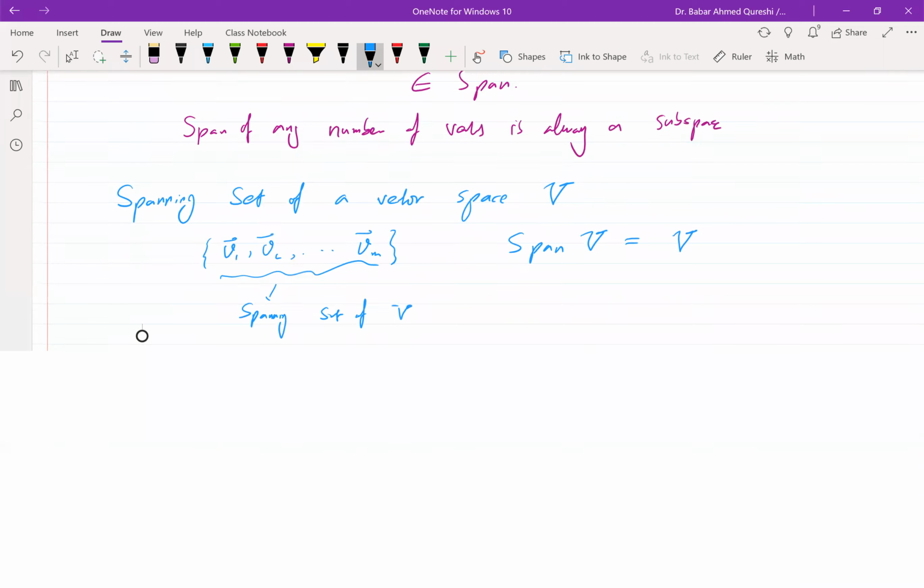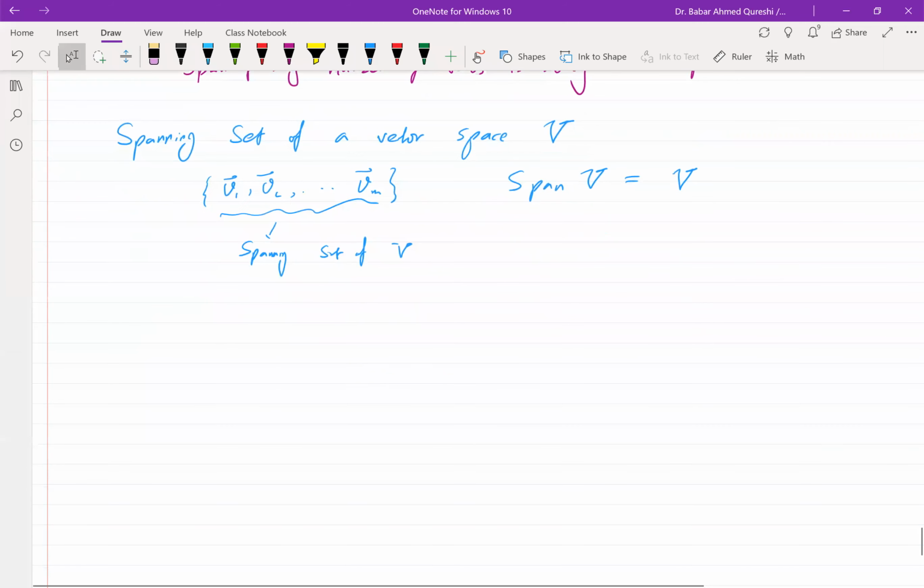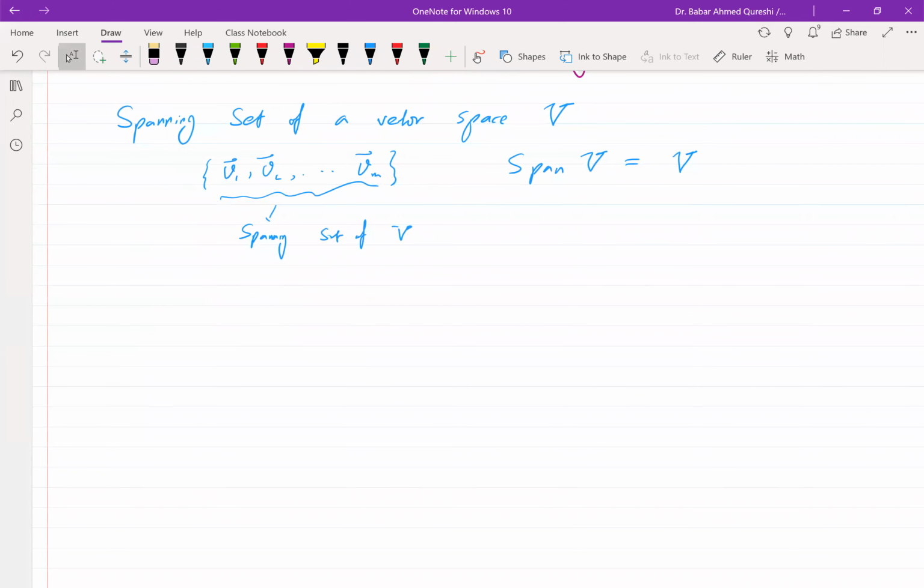So can you give me a spanning set for the two-dimensional plane? What would be the vectors which can span the whole two-dimensional plane? It's just the unit vectors i and j, because if I span these, I get all the vectors.